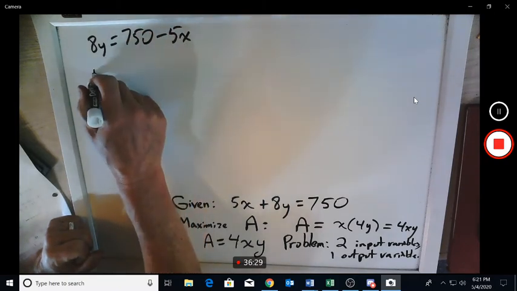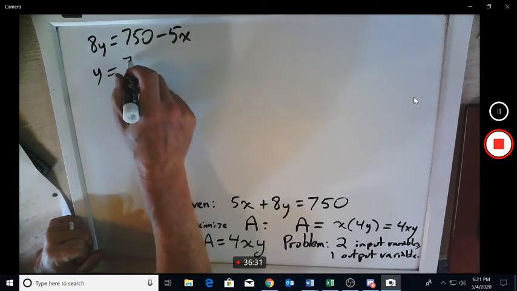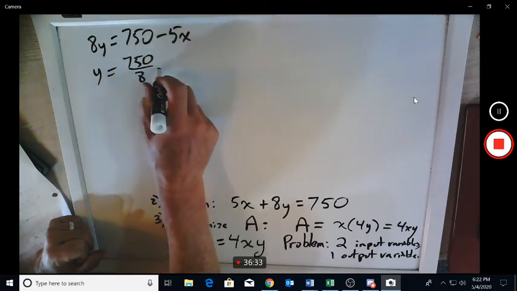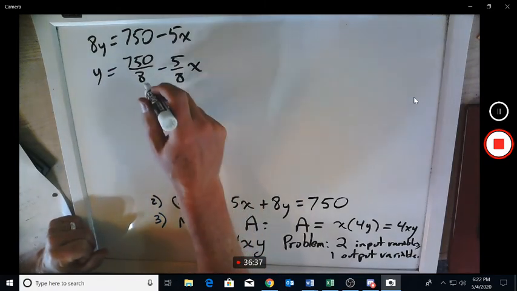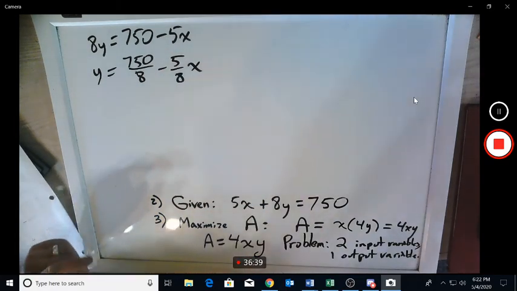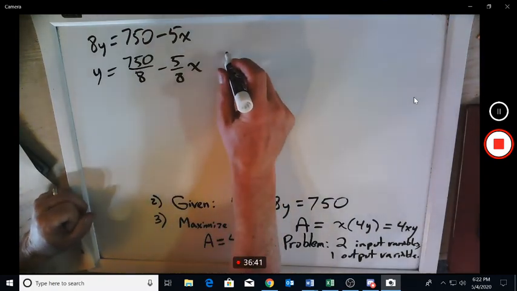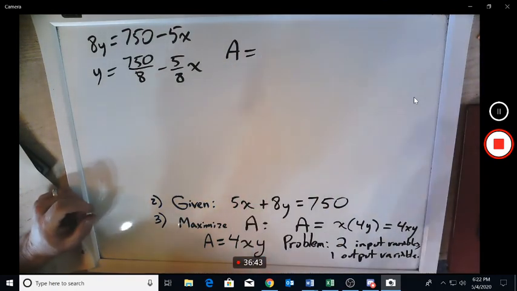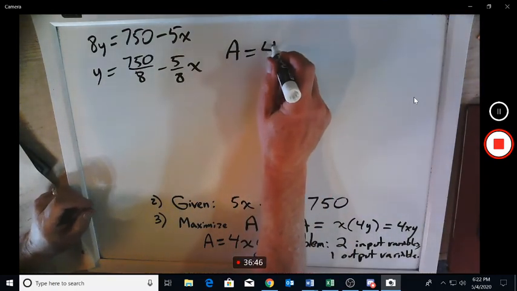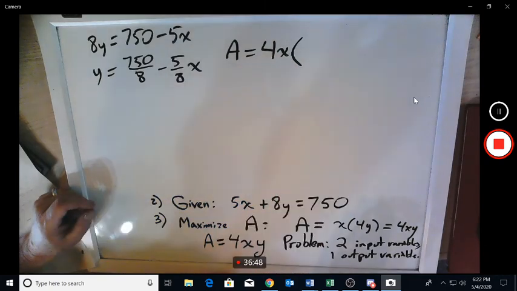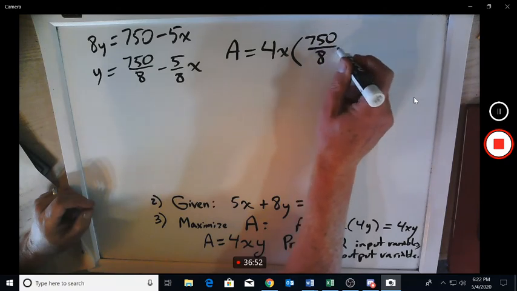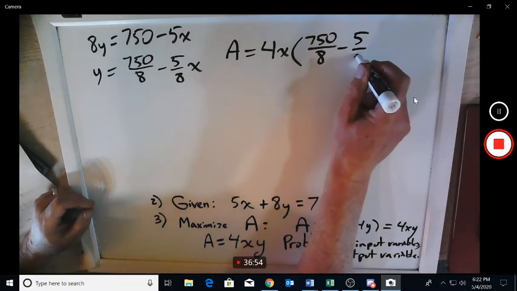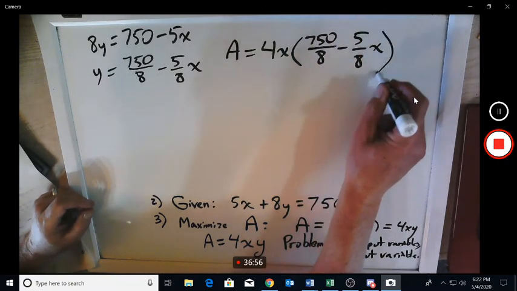So then y is equal to 750 over 8 minus 5/8 x. Then I'm going to take the area equation. Area equals 4x, and then replace y with 750 over 8 minus 5/8 x.